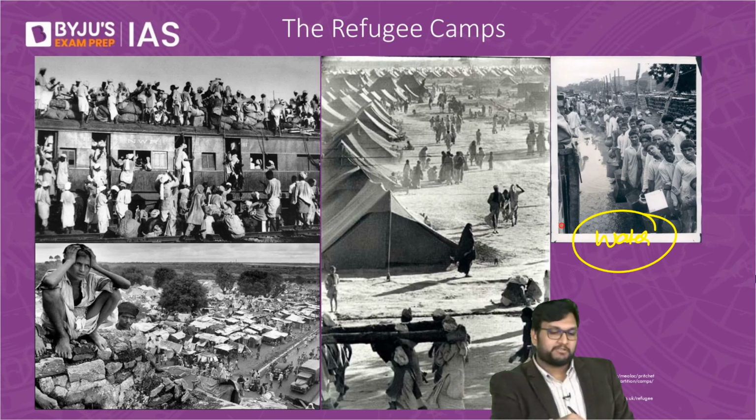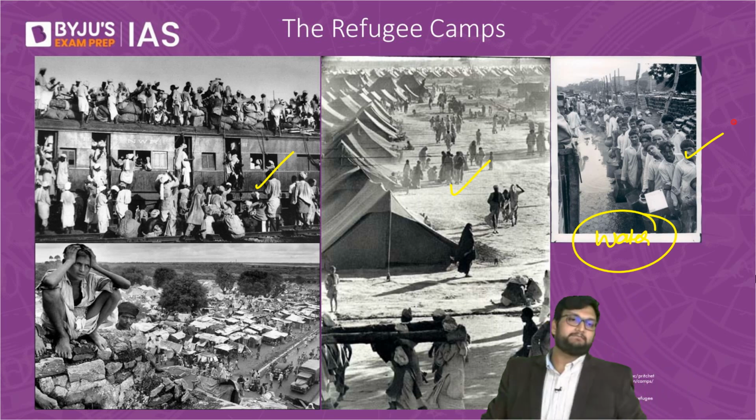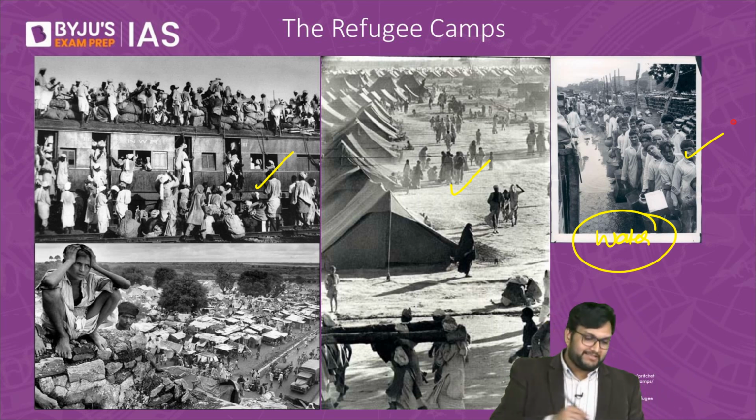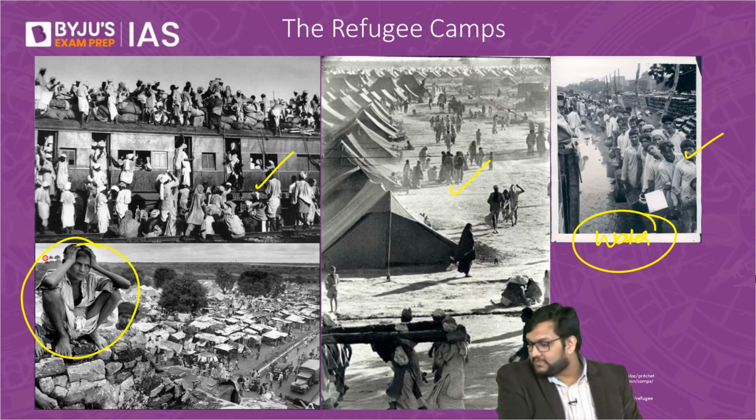The people who somehow survived this then either died of the cold or because of cholera and dysentery. This is the image of India. This is India in 1947, October.